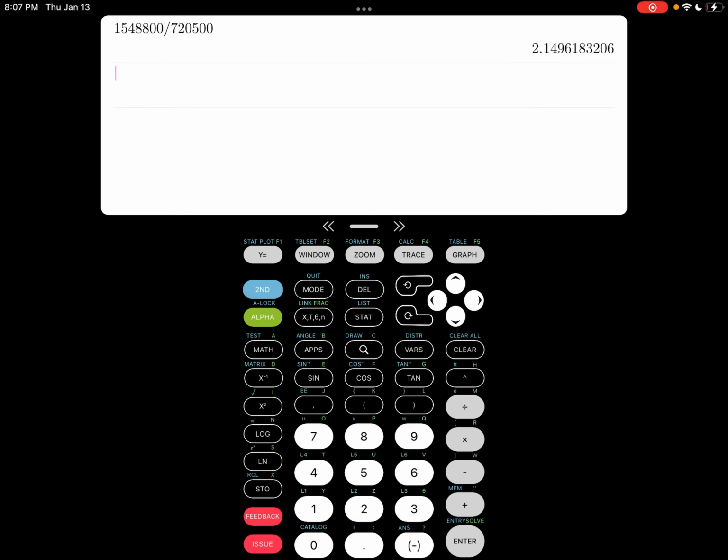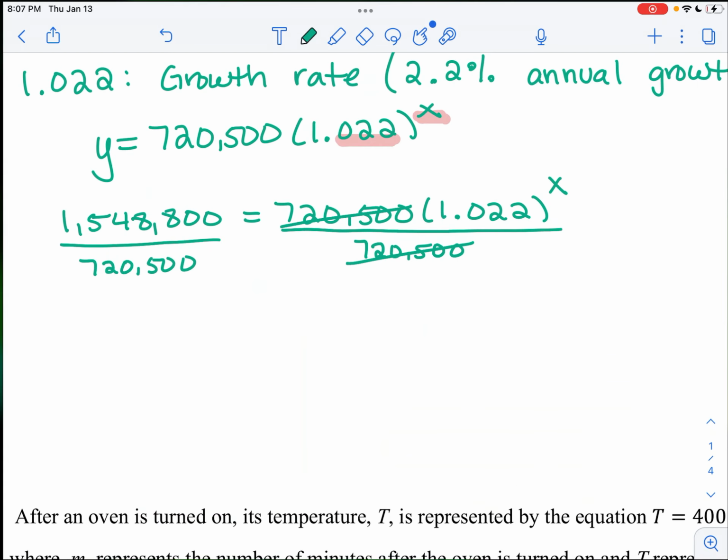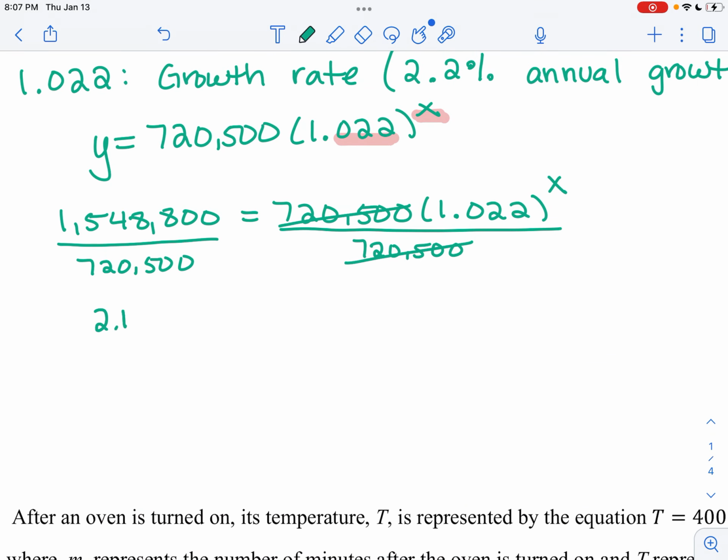You could write the approximate decimal, or I know sometimes people will turn it into like the simplified fraction. I'm just going to write 2.149 and not round this. I'm just going to put a ... So I'm going to continue to use that full decimal, leave it in my calculator, you don't really need the parentheses here anymore anyway. Okay, so we isolated the base of 1.022.